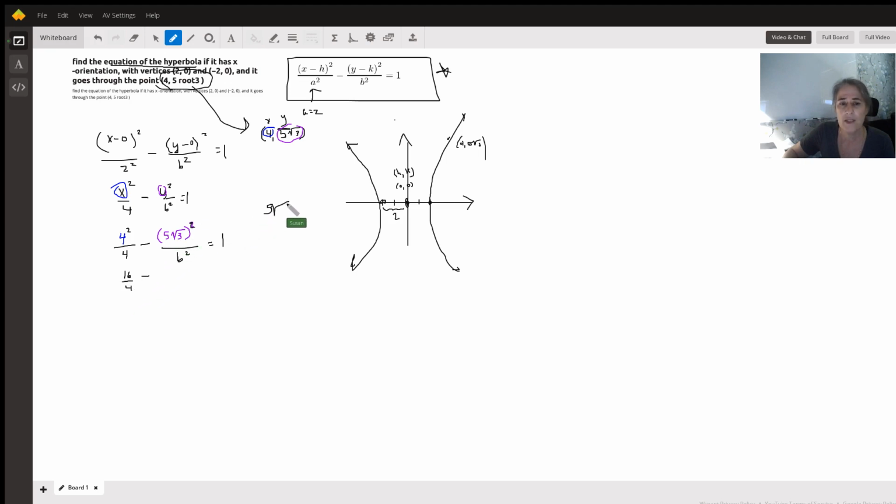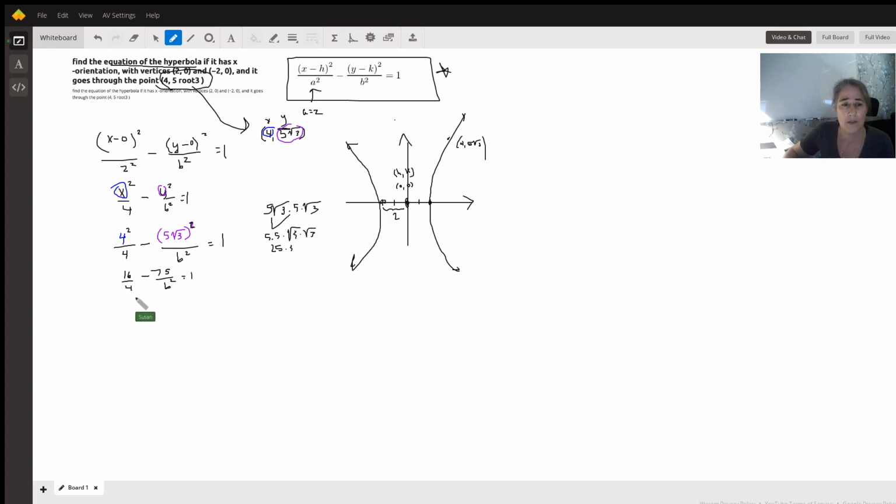You could do this on your calculator, but it's a good idea just to practice. It's 5√3 times 5√3, and you can commute the 5s next to each other, so that's 25, and √3 times √3 is √3 squared, which is just 3, so that's going to be 75 over b squared equals 1.